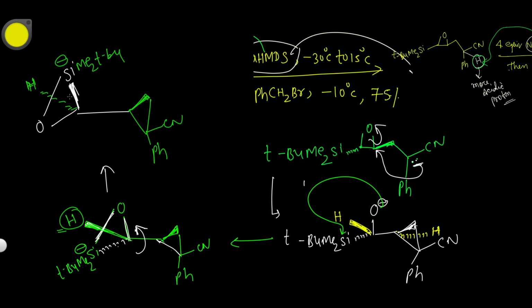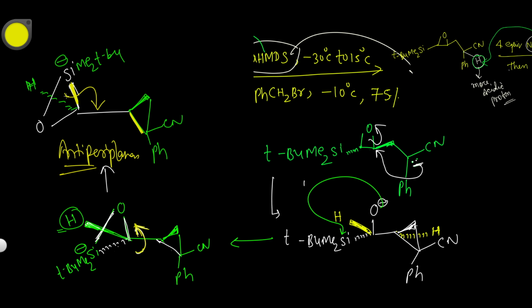We break the bond and add like this, and then this bond and this bond are now anti-periplanar. So this is the importance of rotation of the bond to make an anti-periplanar elimination, right?